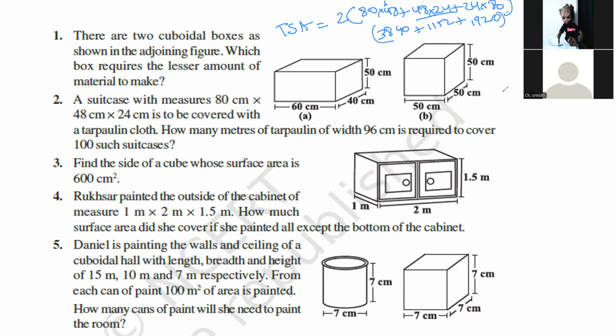If you add all of them, what do you get? 2 plus 2 is 4, 4 plus 5 is 9... The sum is 6912.